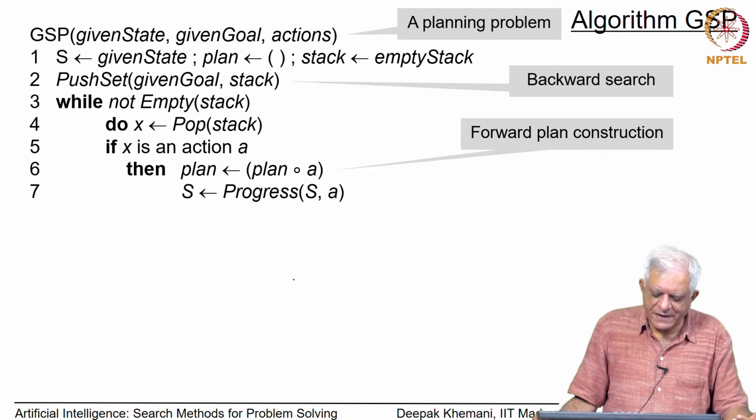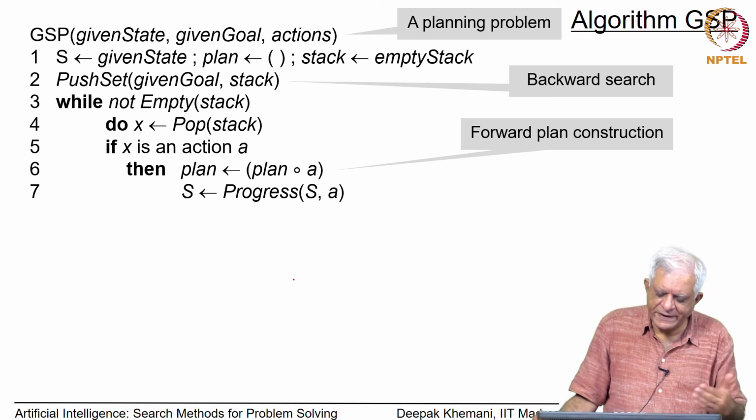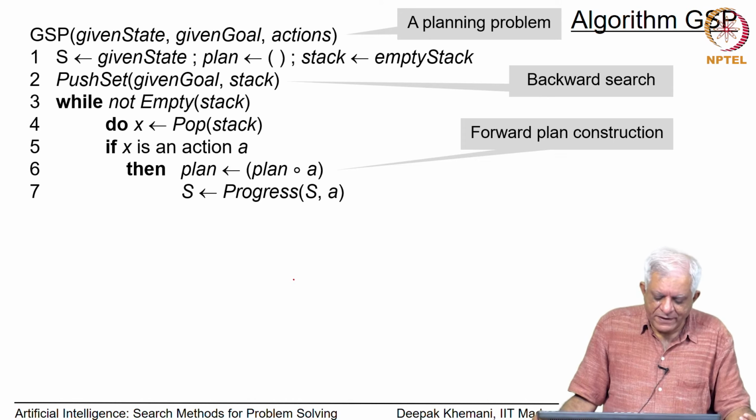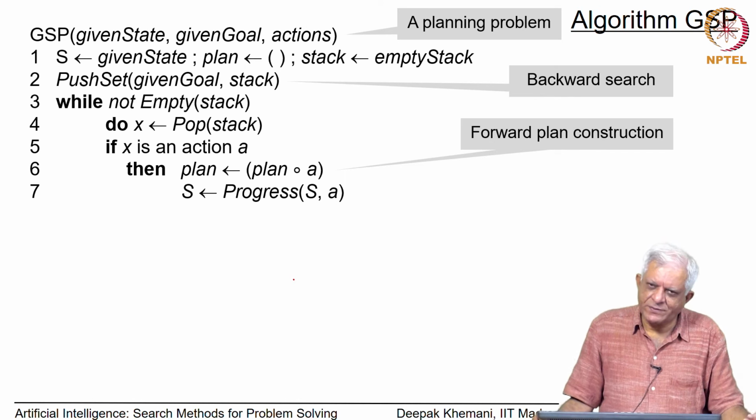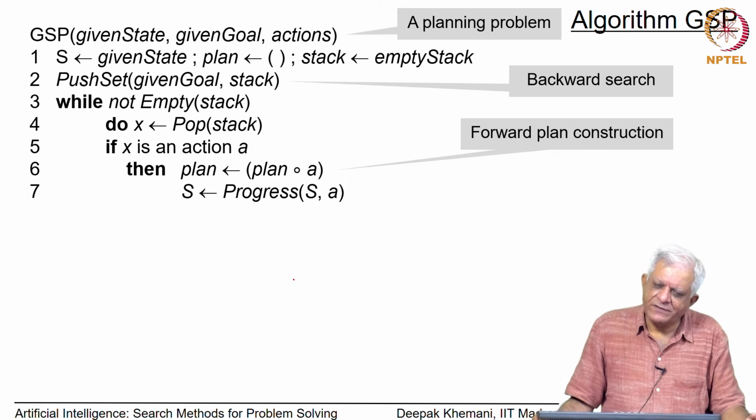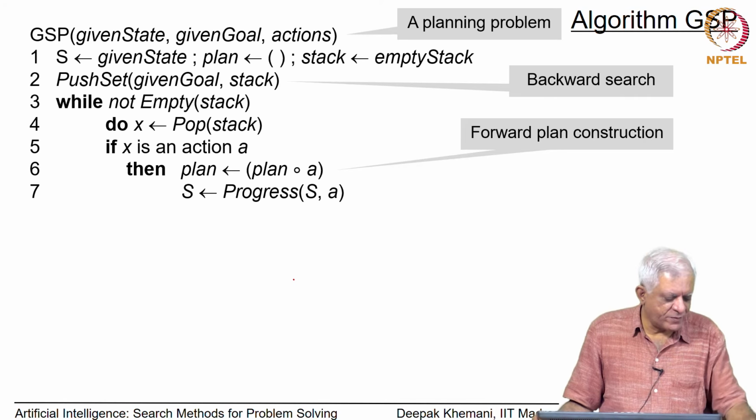We extend the plan by adding A at the end of the plan, and we also progress using this progress function that we have defined, where you add the positive effects of an action and delete the negative effects of the action, and we go to this new state, and we are calling this new state S in the style of programming.